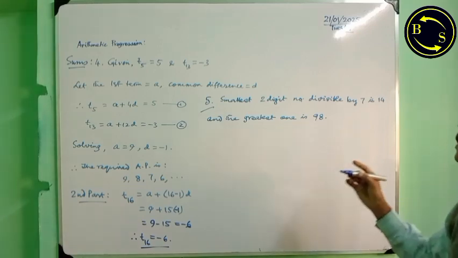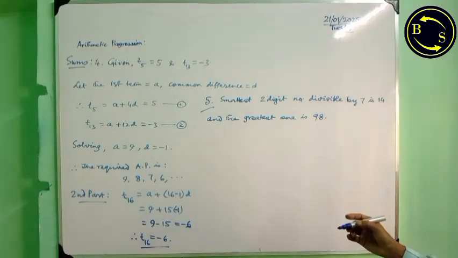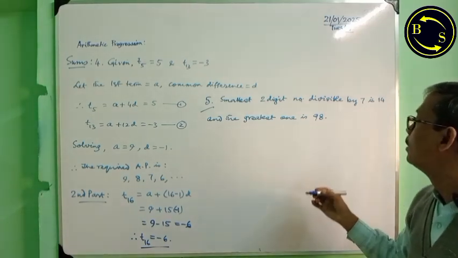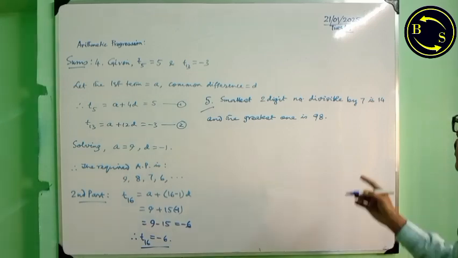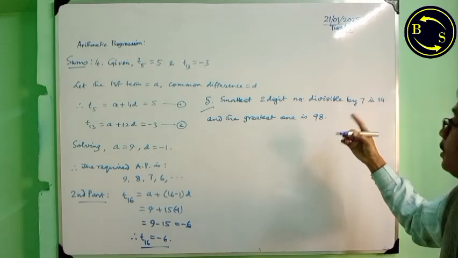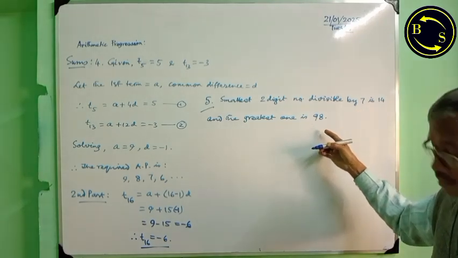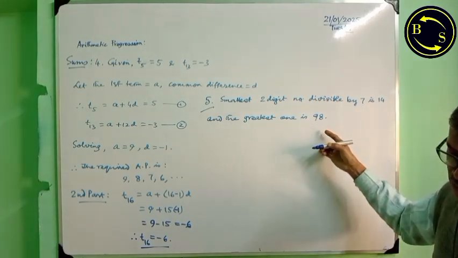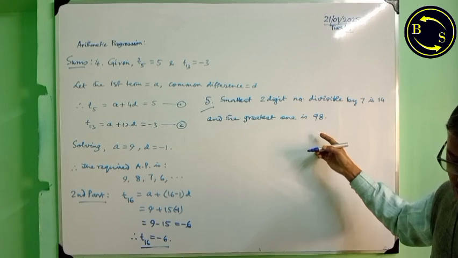According to the table, if we recall the table of 14 into 7 gives 98. Now we have to find how many numbers are there.